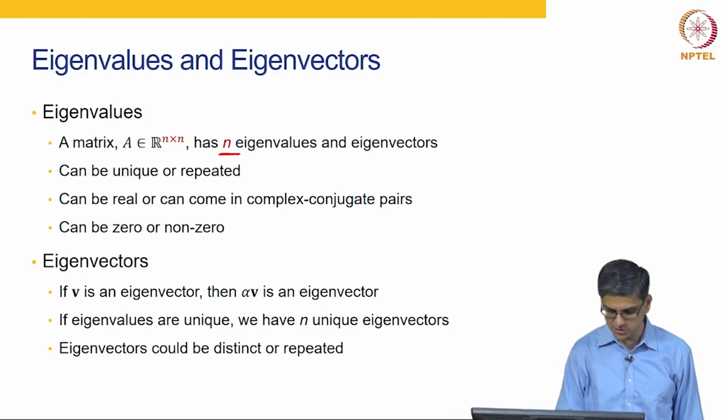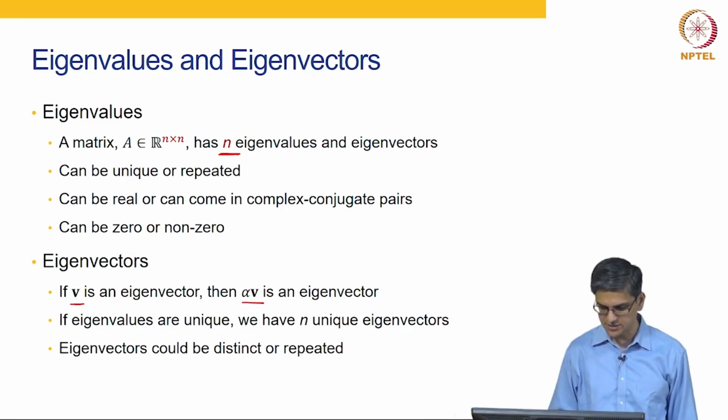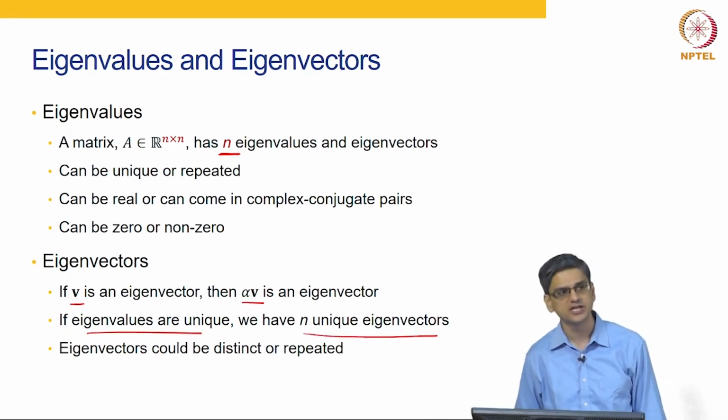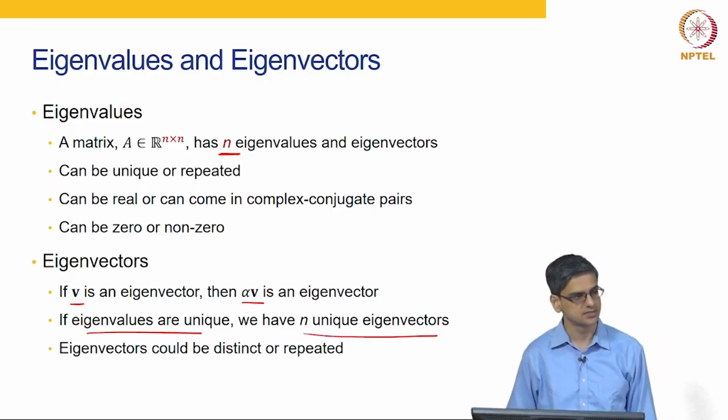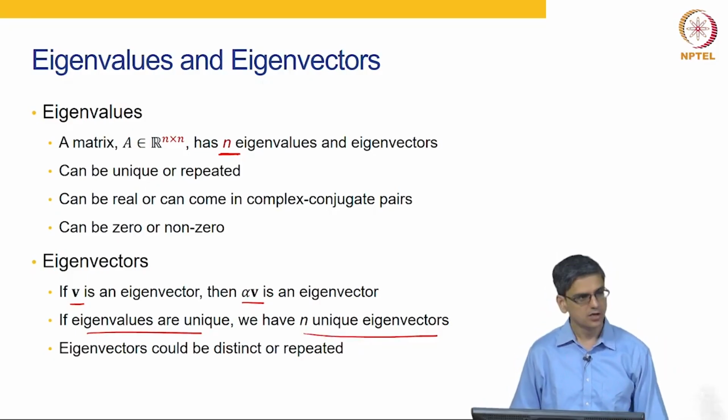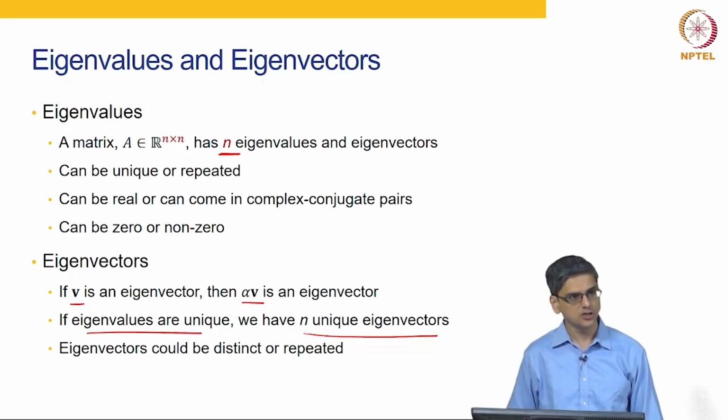The eigenvectors, we also said, if V is eigenvector, alpha V is eigenvector. If eigenvalues are unique, then we will have unique eigenvectors, that is another thing, okay. If eigenvalues are non-unique, then eigenvectors could be unique or non-unique.